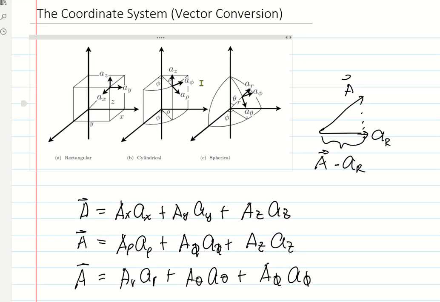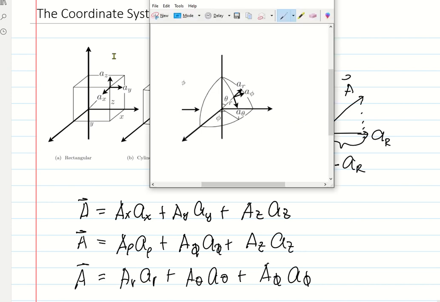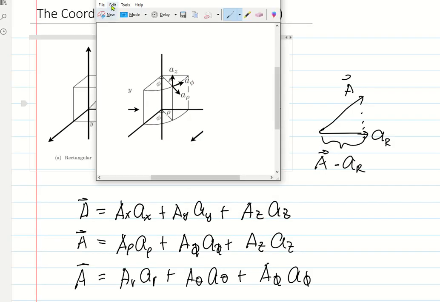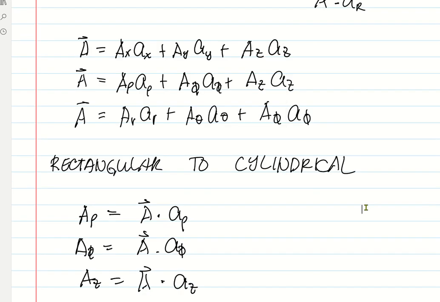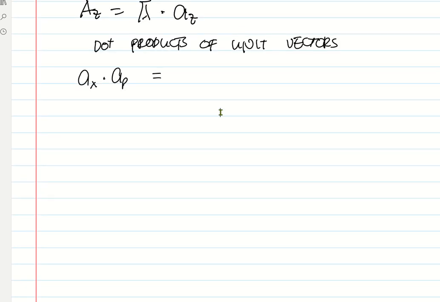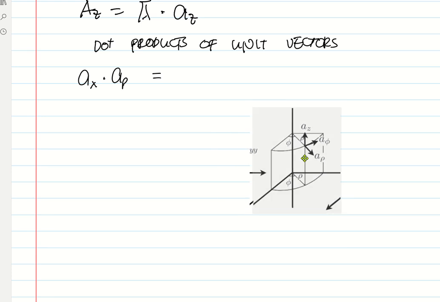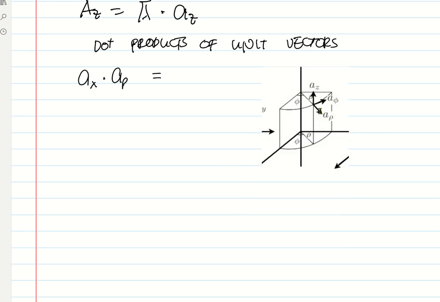If we go back into our drawing, I'll copy this cylindrical coordinate here so that we can visualize what I mean. That is the direction of a rho, which starts at the origin.